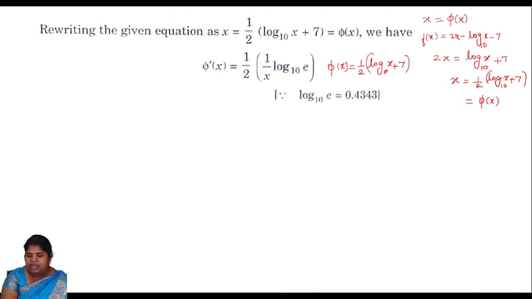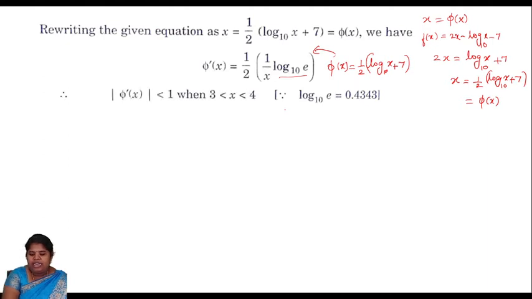Okay. So differentiate this phi of x, we get phi dash of x: 1 by 2 constant, if we differentiate log x, we get 1 by x into log x to the base e, and differentiating 7, we get 0. Now log 10 to the base e is 0.4343.